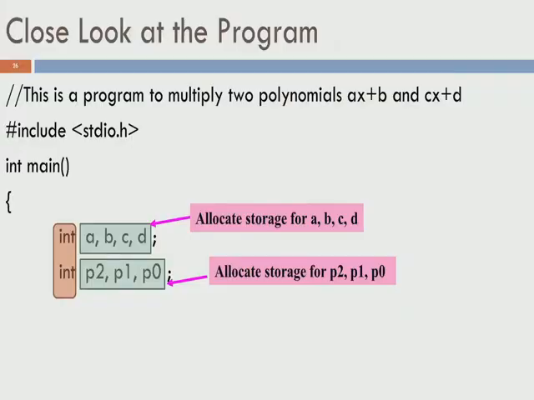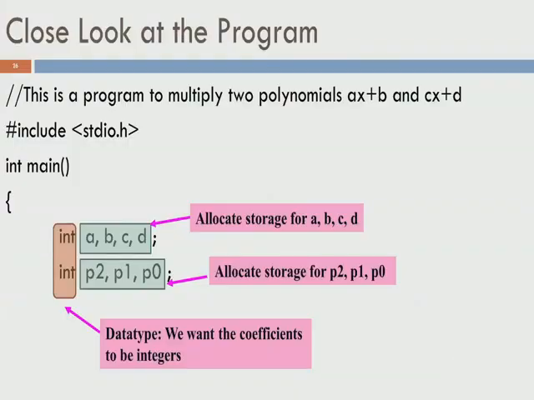Similarly, we have p2, p1, p0, which also have int before them, which means there are three integers by name p2, p1 and p0. If the input coefficients a, b, c, d are all integers, the product and sum of integers are always integers. Therefore I have used integer for p2, p1, p0 also.